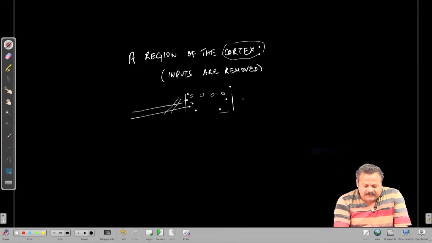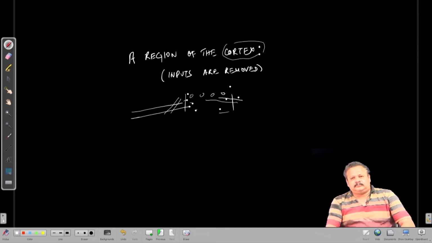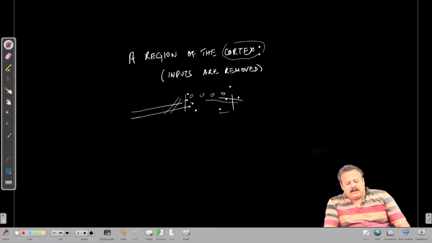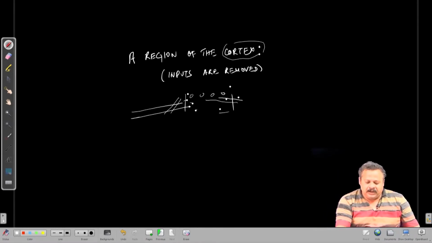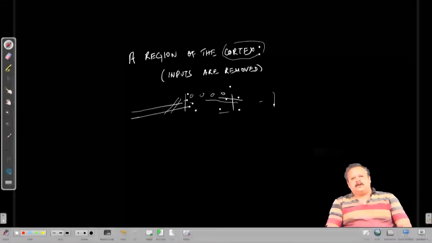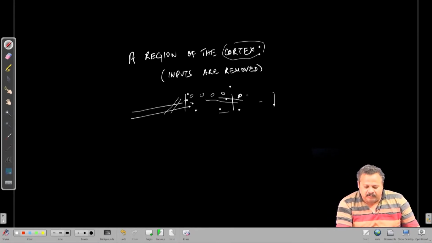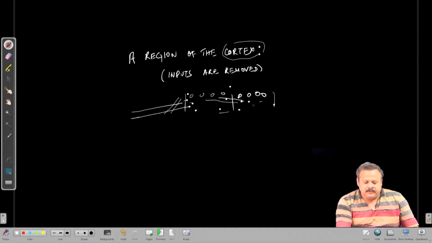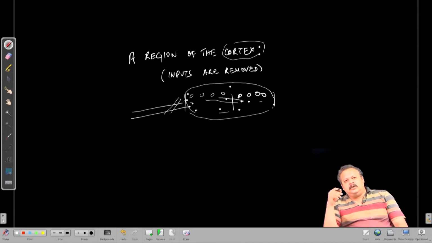What happens in such cases, and there are multiple examples, is that the surrounding regions actually start sending collaterals of axons, and finally that region is taken over by another region by including those neurons as their functional counterparts. And so this whole region effectively starts to do the same sort of function.